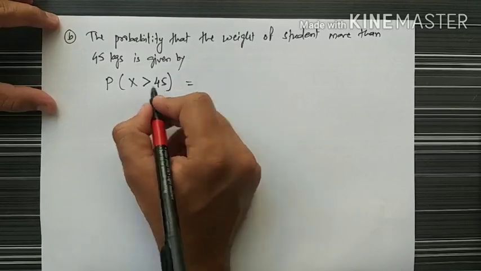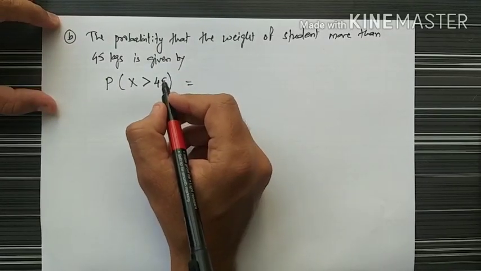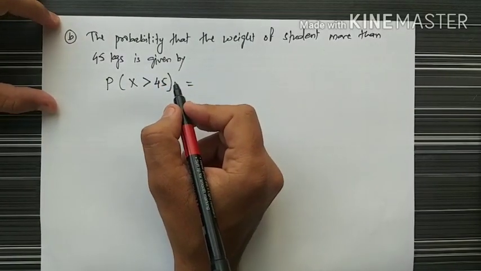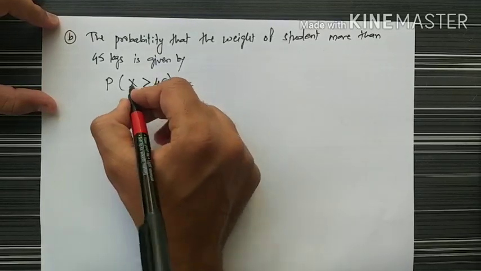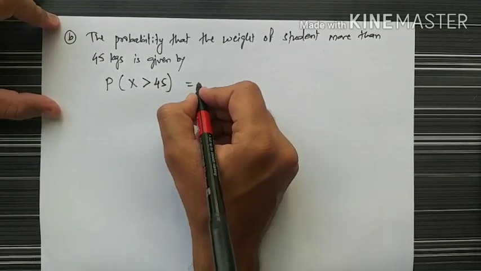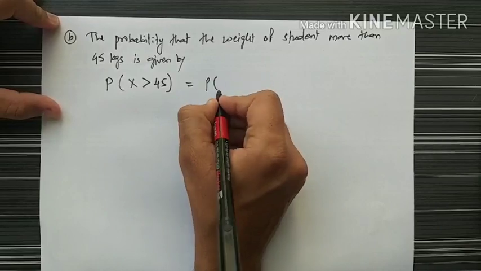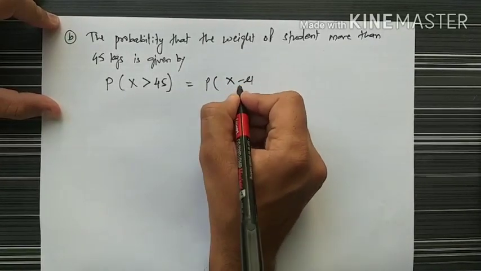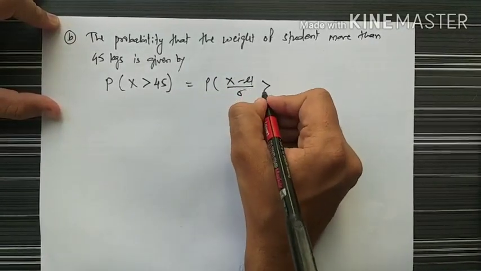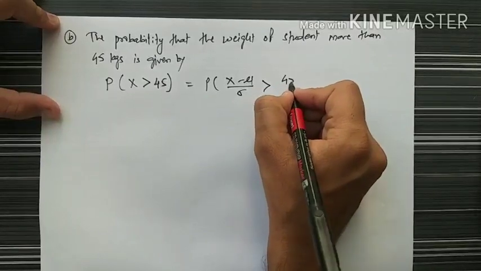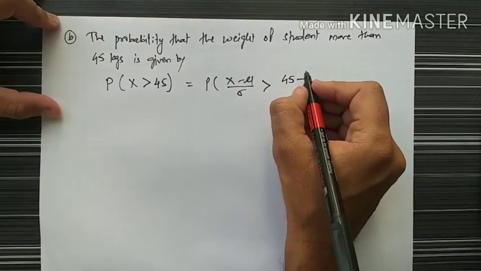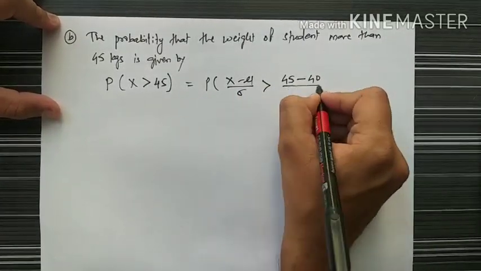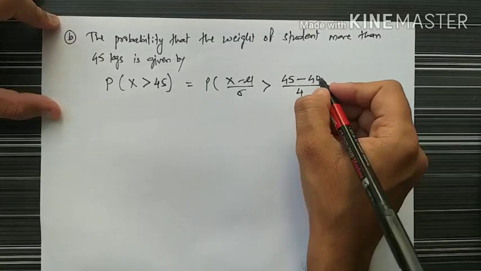By the usual notation, we transform this X to Z using the transformation Z equals X minus mu upon sigma. Hence we write this probability as the probability that (X minus mu) upon sigma is greater than (45 minus the value of mu, which is 40) divided by sigma, whose value is 4.